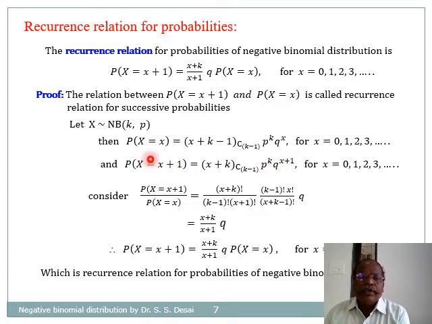So by taking the ratio of P(x+1) to P(x) and simplifying it, the ratio is equal to (x+k) divided by (x+1) into q, and therefore finally we get probability that X is equal to x plus 1 is equal to (x+k) divided by (x+1) into q into P(x), for x greater than or equal to 0, which is the recurrence relation for probabilities of negative binomial distribution.